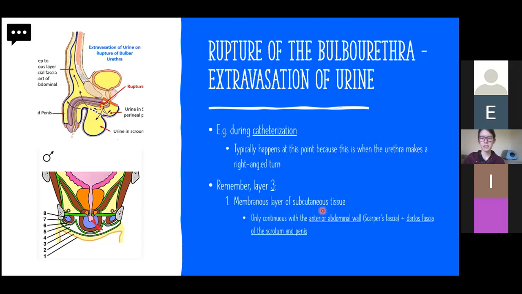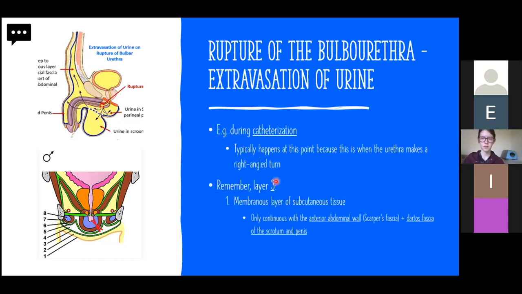Because this layer is actually continuous with the abdominal wall and with the dartos fascia of the scrotum and penis. So if you get that rupture, the urine will flow through here, and you'll probably be able to feel it or see it there. That's also a bit important if you've got infection. So that's where infection can travel as well if you've got continuous layers.